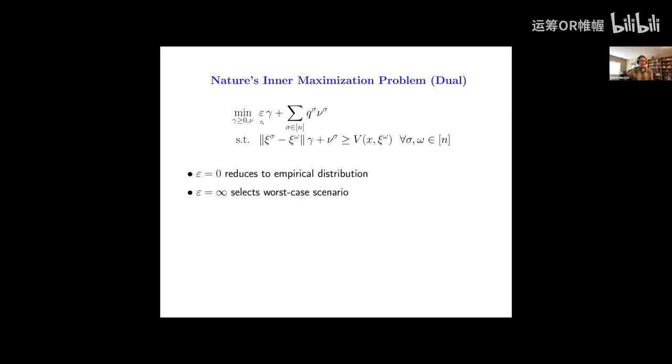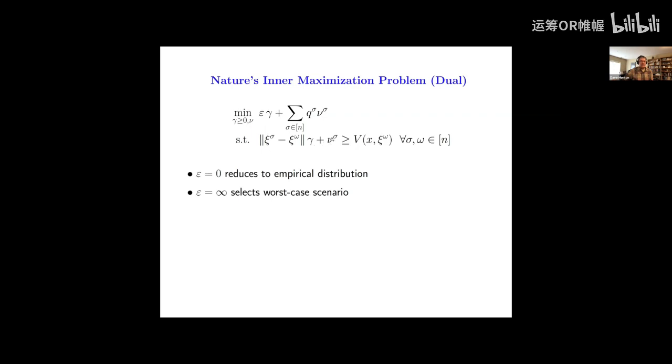Then if epsilon is equal to 0, then gamma, which is non-negative, can be as large as it wants. And when gamma is as large as it wants, it makes this constraint vacuous, except for when sigma is equal to omega and that distance is 0.